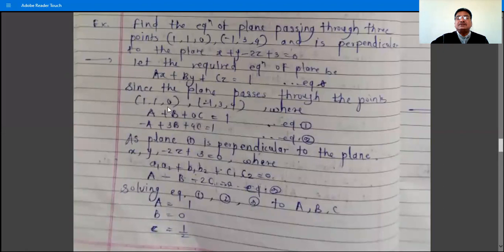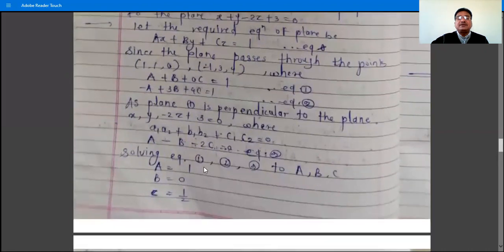This plane star is perpendicular to the plane x plus y minus 2z. So what do we have? We have a into 1, that is a, plus b into 1, that is plus b, capital B, plus c into 4, that is 4c, is equal to 0.